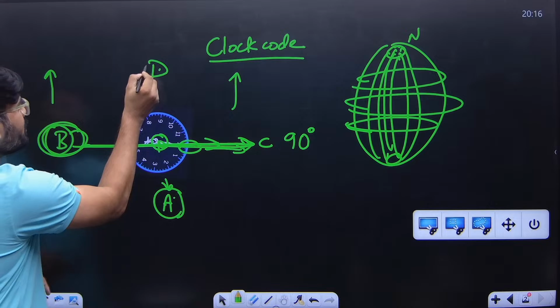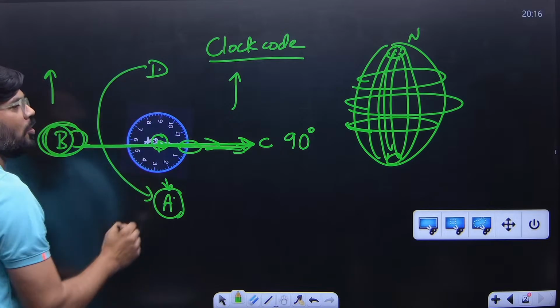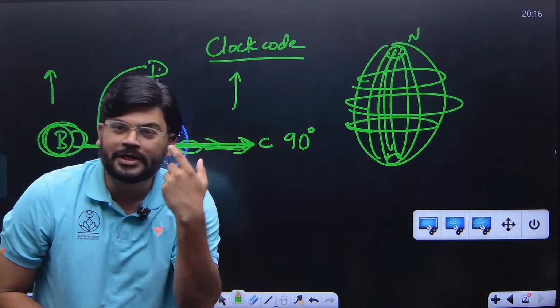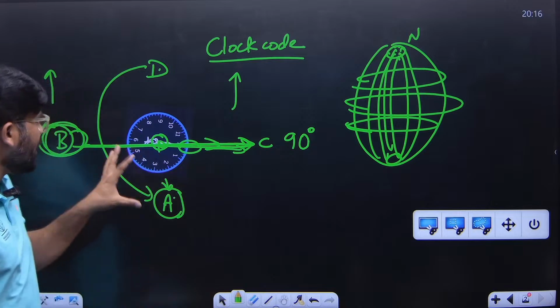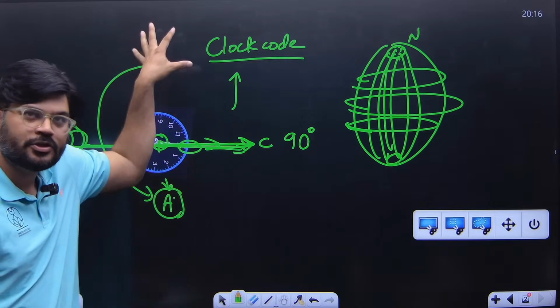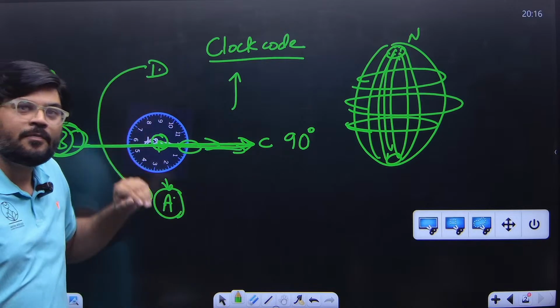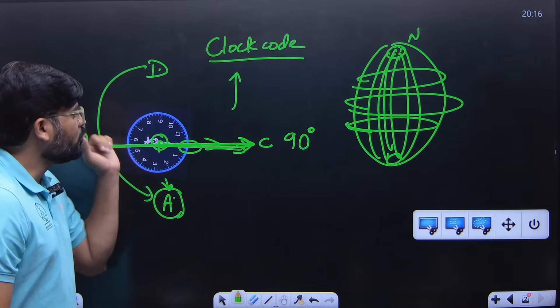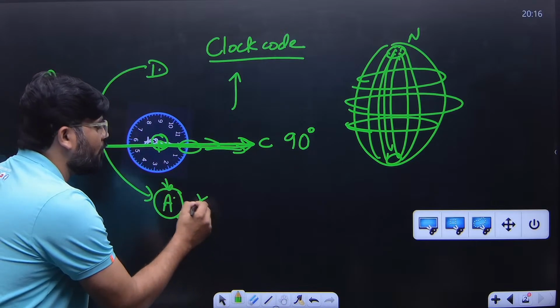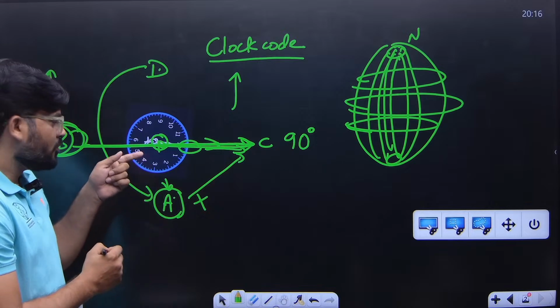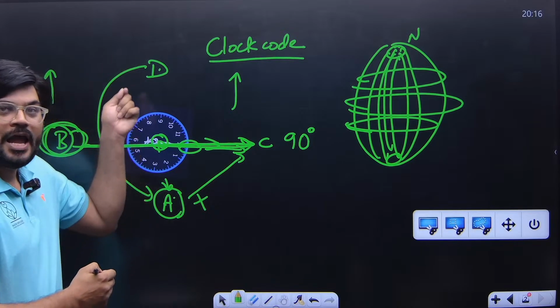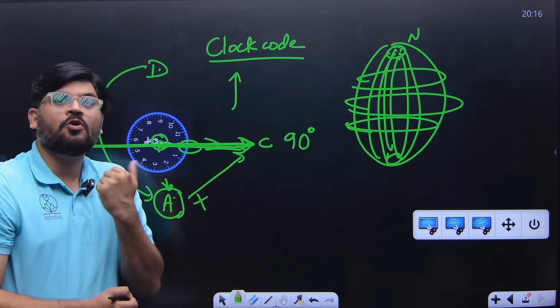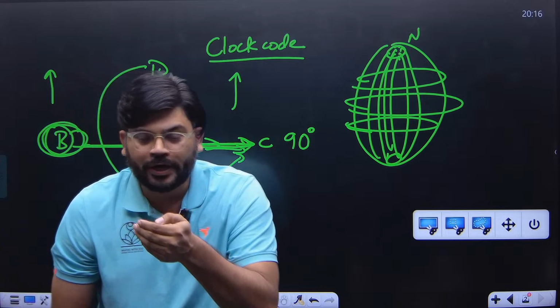Suppose D and A are on a telephone call and D wants to tell A, because A knows the position of D, and D knows the position of A as well. Now they both know, but this person does not know where C is going. So he is asking D, and D is telling from his own perspective, talking to A, what he will say.